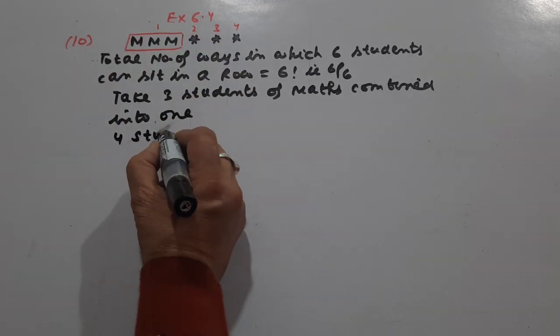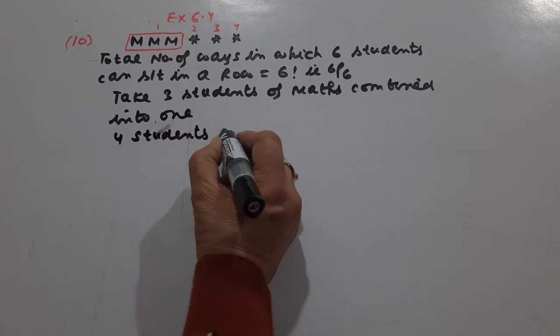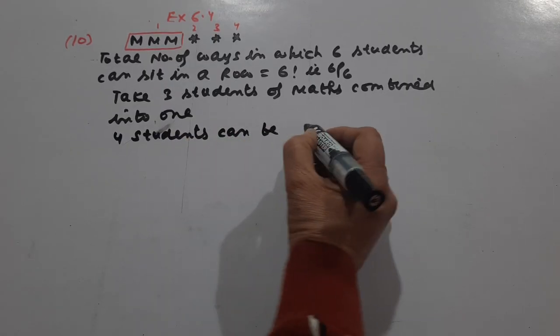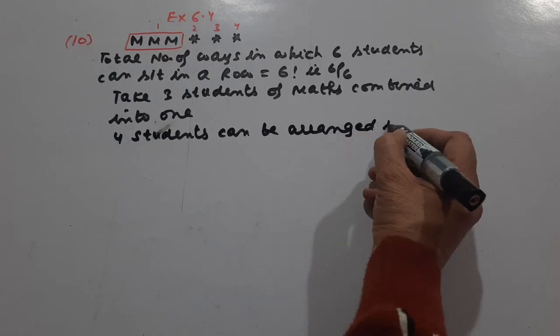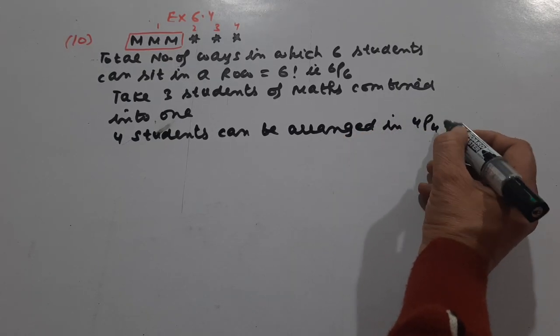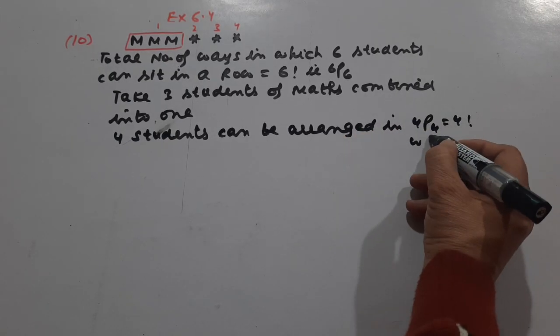So 4 students can be arranged in 4p4, equal to 4 factorial ways, right?